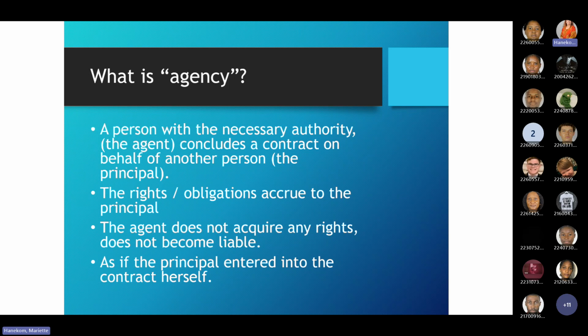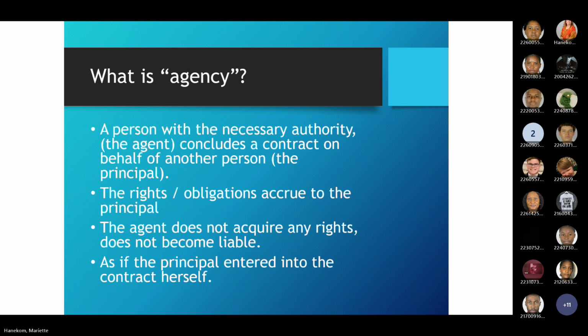The manner in which this contract is concluded has the effect that the rights and obligations that arise in terms of this contract accrue to the principal and not to the agent. The agent does not become liable and does not acquire any rights.